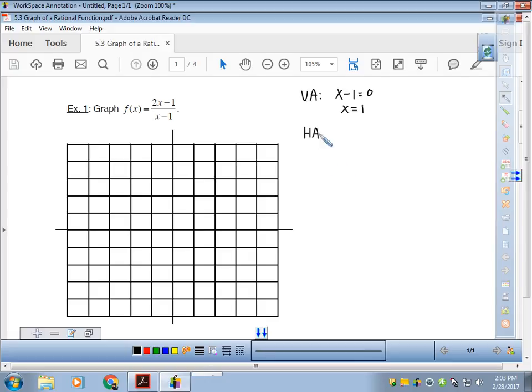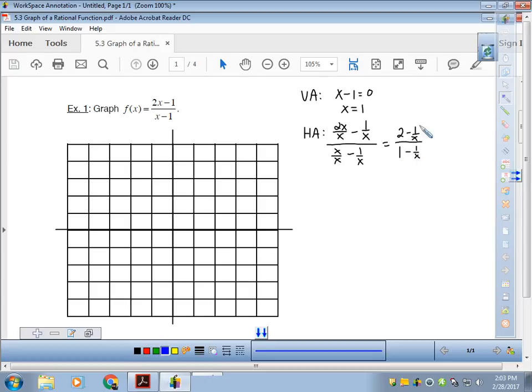Next, we find horizontal asymptotes using either method that we've learned. I'm going to divide by the highest power of x, which in this case is x. So I'll have 2x over x minus 1 over x, over x over x minus 1 over x. Simplifying that, I have 2 minus 1 over x over 1 minus 1 over x.